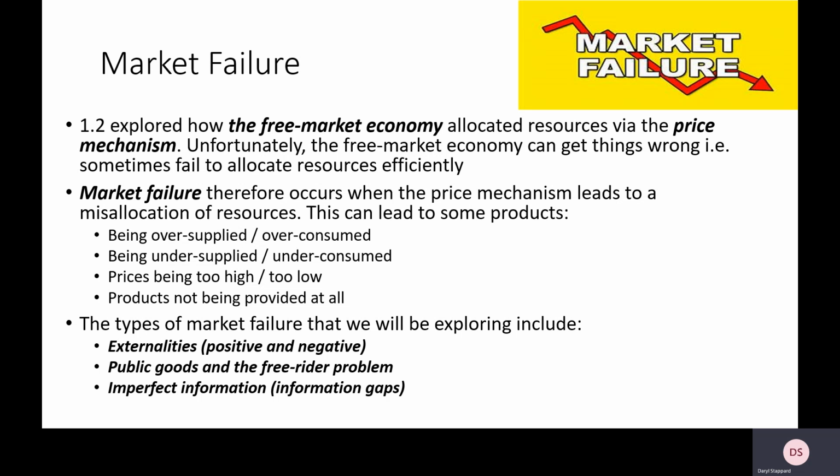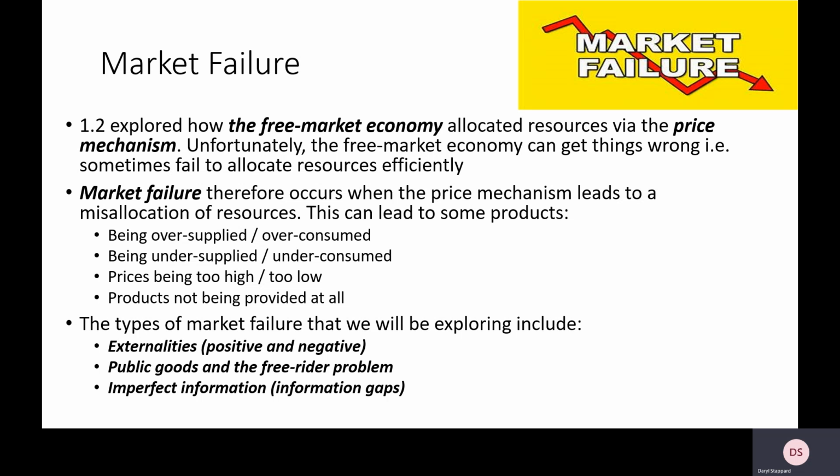You can see on the screen here 4 different problems this can create in markets. It can lead to some products being oversupplied or overconsumed. It can lead to some products being undersupplied or underconsumed. It can lead to some prices being too high, some prices being too low, and it can also lead to some products not being provided at all.